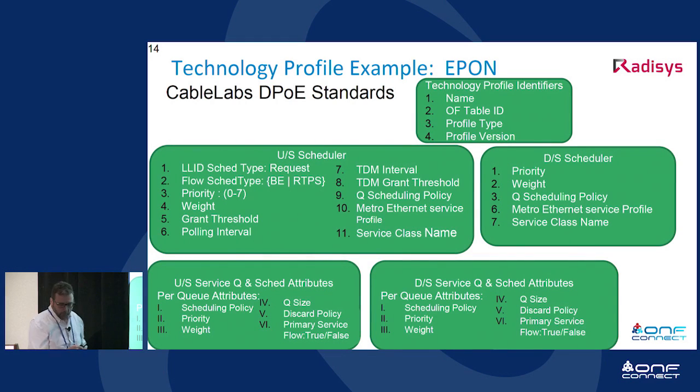In this example, I may have gone a little bit overboard on the upstream scheduler part, but this can be probably simpler in a real example. This would be much simpler because usually we have the equivalent of our T-CONT, which in EPON is an LLID, and typically there's only a single queue for that flow.